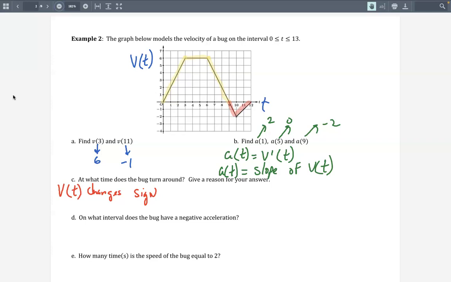So the bug turns around when the velocity changes signs on both sides of 0. So here we have positive velocity, and then it flips to negative, and that occurs at time 9. So this happens when t equals 9, and again, the reason is because velocity changed sign from positive to negative.